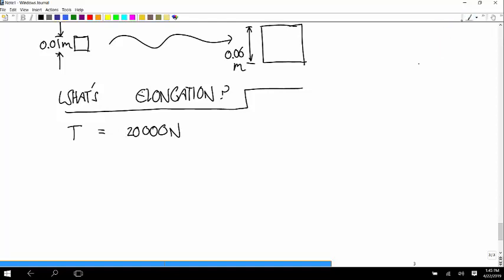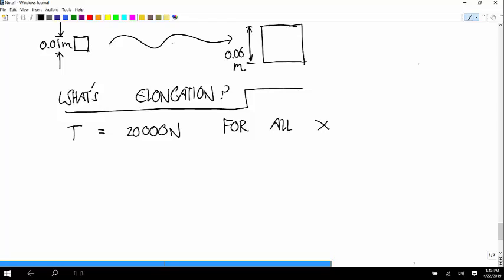Yeah, positive 20,000. It's in tension. And now we need to come up with the width of one of those sides as a function of x.